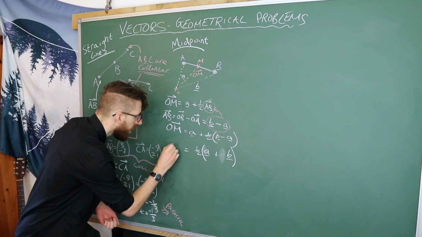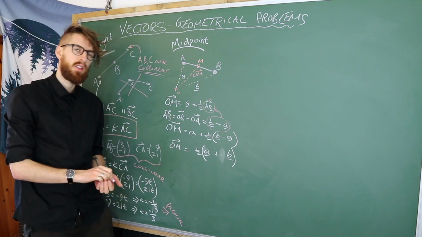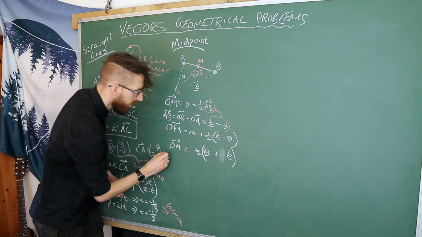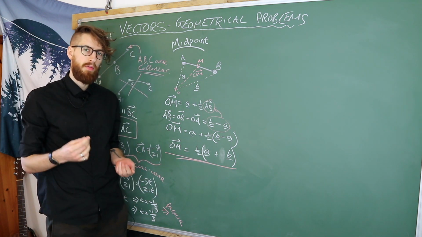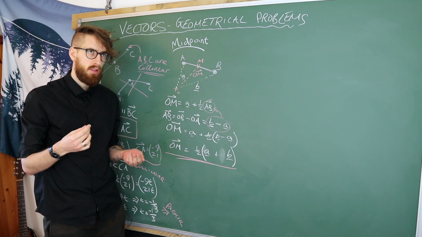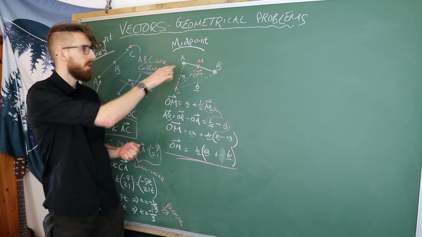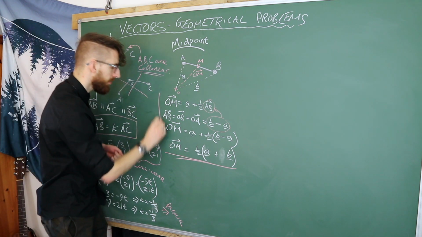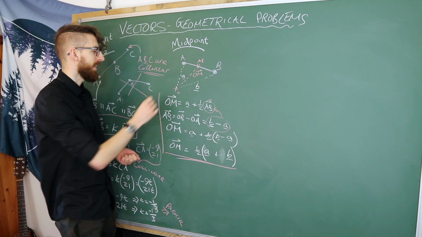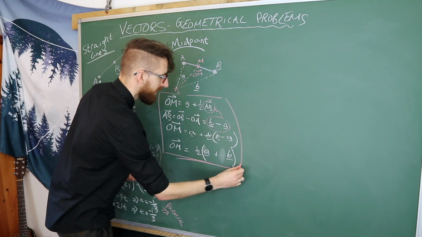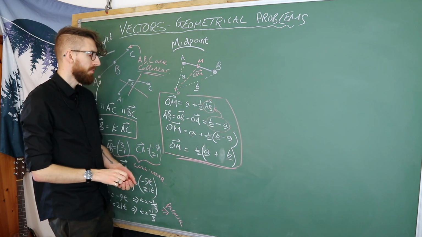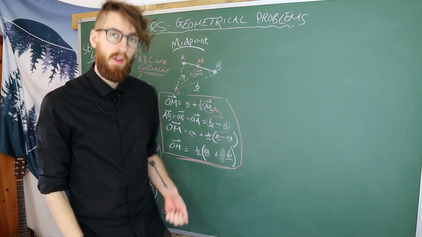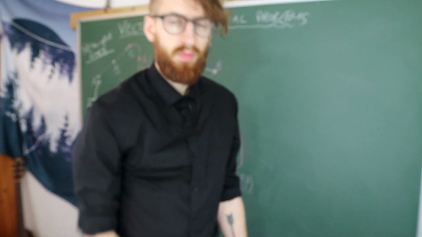And this is a little derivation of the position vector of the midpoint between two points. This is something that in A-level maths you're expected to know, this derivation, and it's quite easy really, in my opinion. So let's do an example.